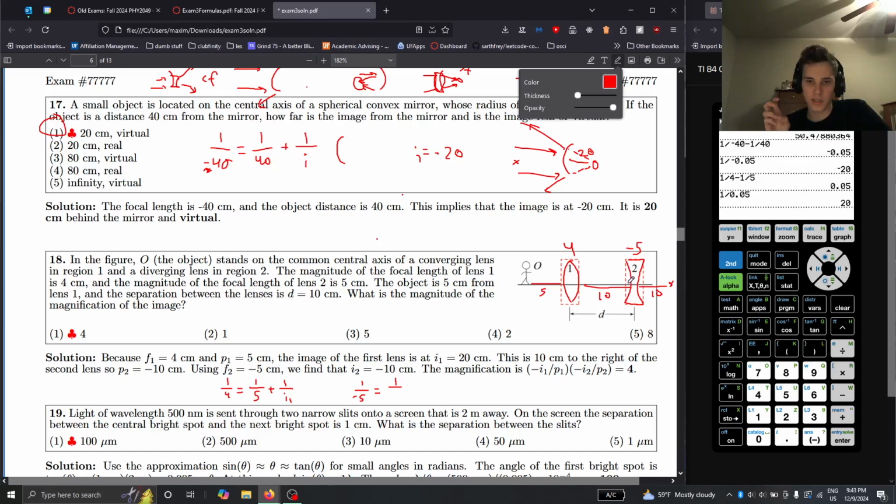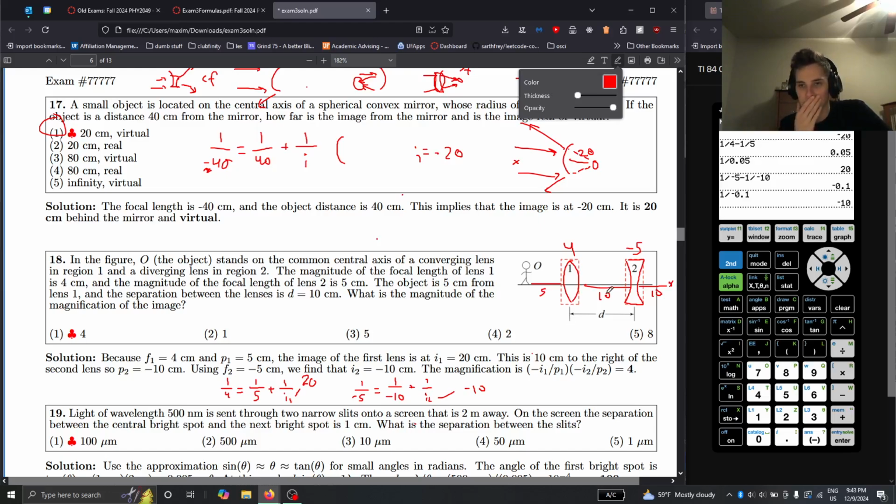So instead of being 10 this way, it's actually negative 10. So a negative value here, and then plus 1 over I2. So 1 over negative 5 minus 1 over negative 10. We get that. This is negative 10. This was 20, and this is negative 10.